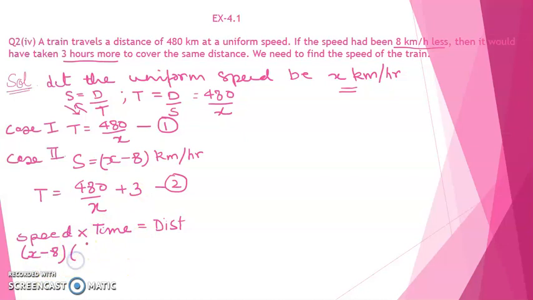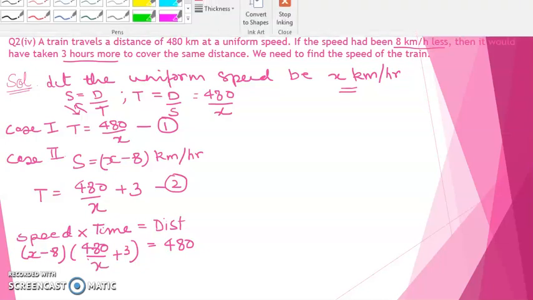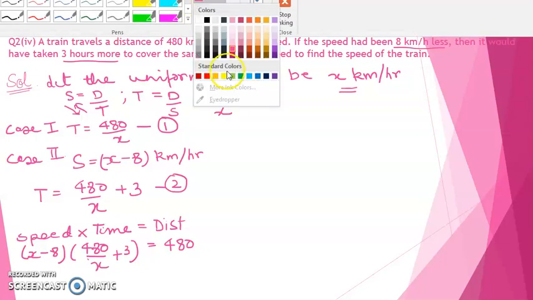Time is 480 upon x plus 3, followed, which is equal to distance. So what is distance? 480 kilometer. So you can write here 480. Followed, students? I'm repeating again. Okay, let me change the marker color so that it will be easy for you to differentiate.